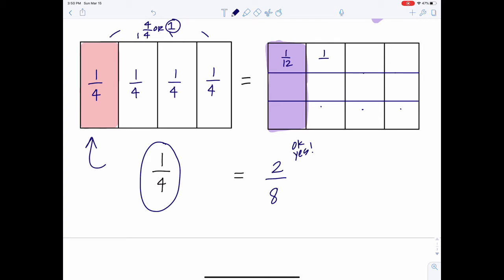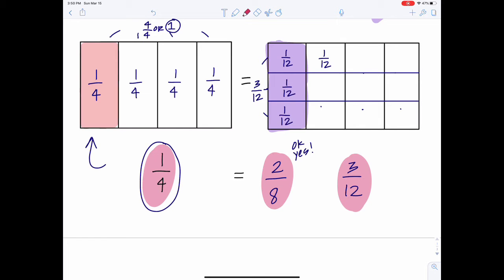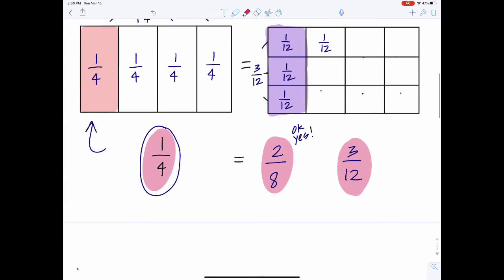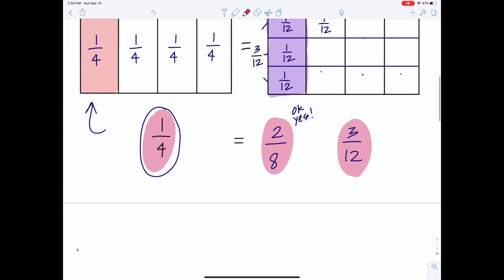I have 12 equal parts now. So now I need to find out 1/4 is equivalent to how many 12ths. And I see there that I have 3 shaded boxes now. 1/12, 1/12, and 1/12 gives me 3/12. So 1/4 is also equivalent to 2/8 and 3/12. I didn't change the shading, I only changed the denominators. So let's move on.